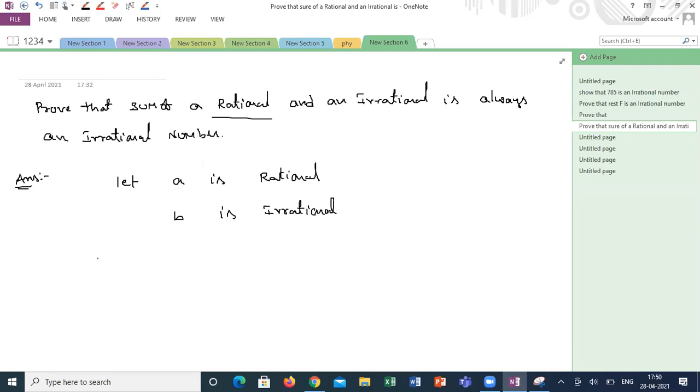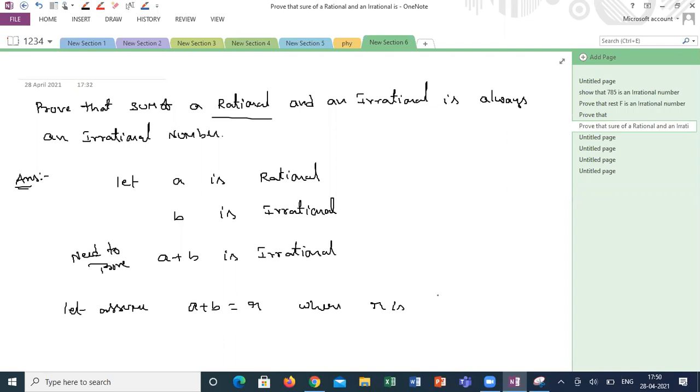I need to prove A plus B is irrational. So let us assume A plus B is equal to R, where R is rational.